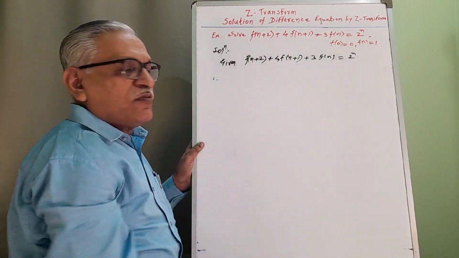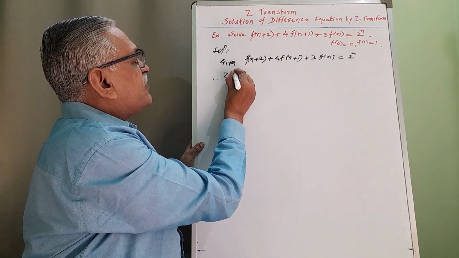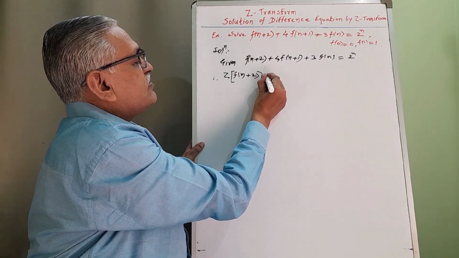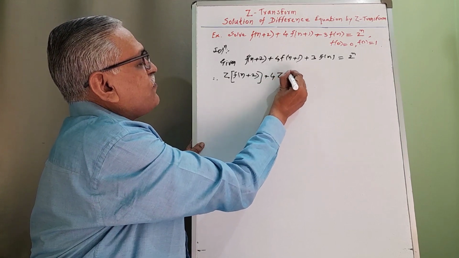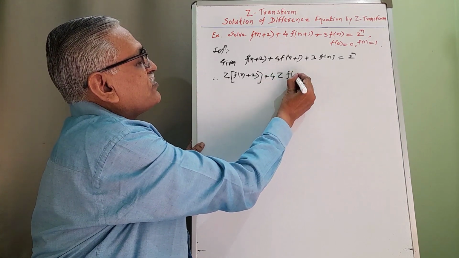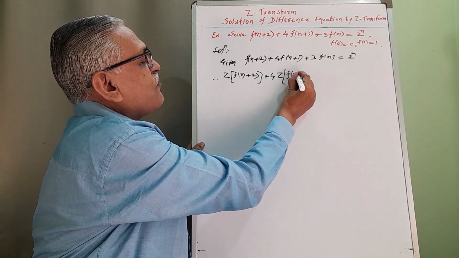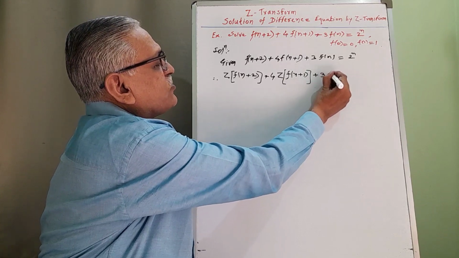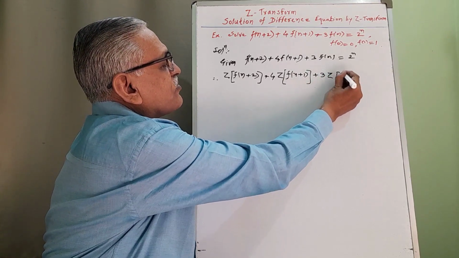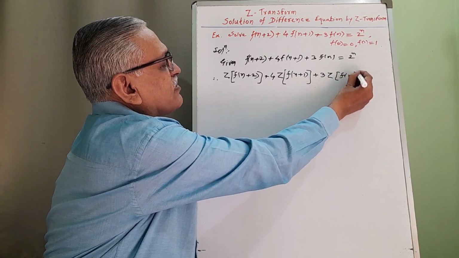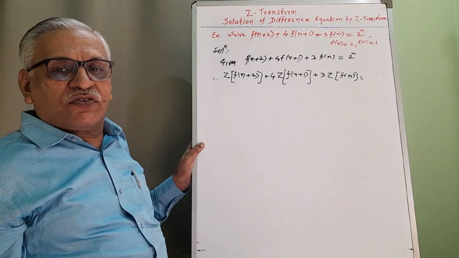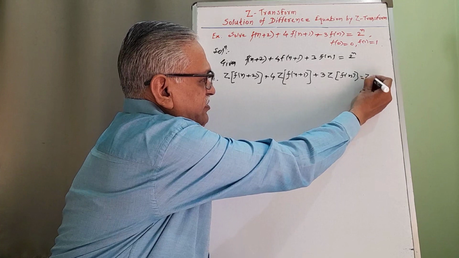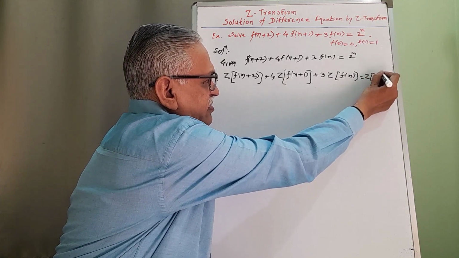Taking individual Z transforms, symbolically we can write: Z transform of the first term, plus 4 times Z transform of f(n+1), plus 3 times Z transform of f(n), equals Z transform of the right hand side. The right hand side is 2^n, so it is Z transform of 2^n.